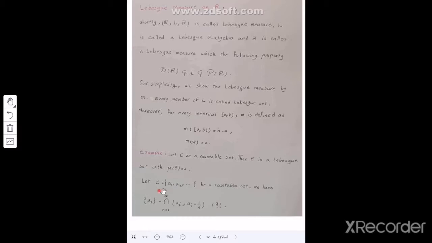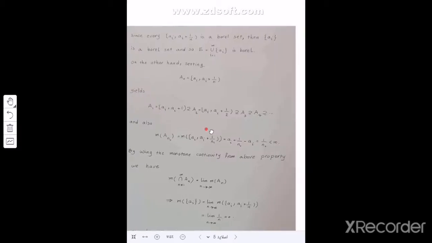Let E have this form, a countable set. We have this equality: the set containing a single point is equal to this intersection. You must prove this equality. It is easy. See the next slide.